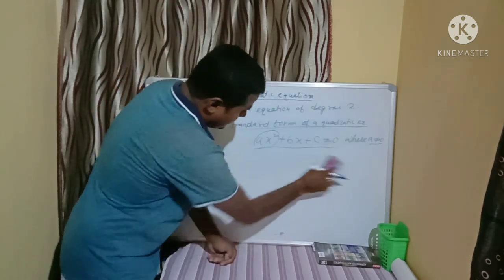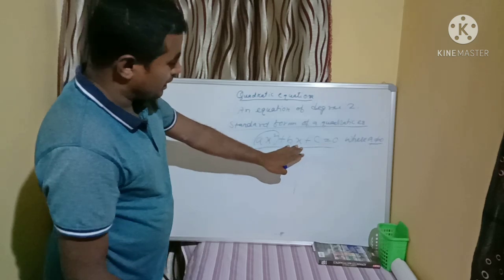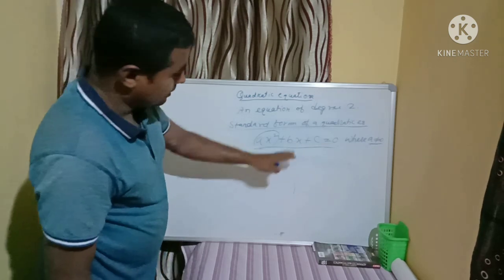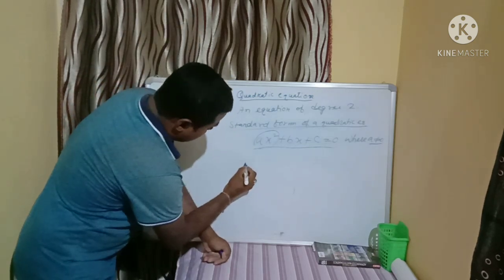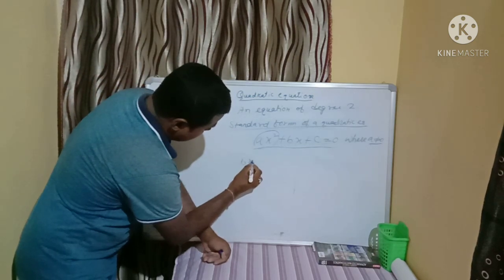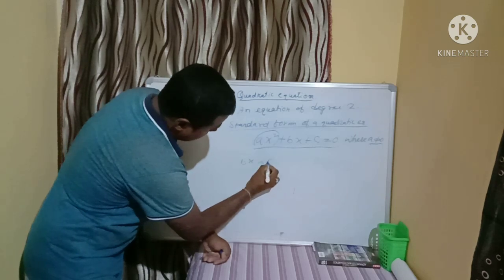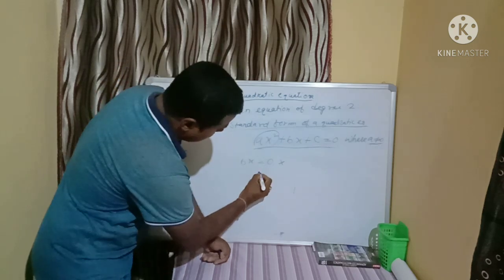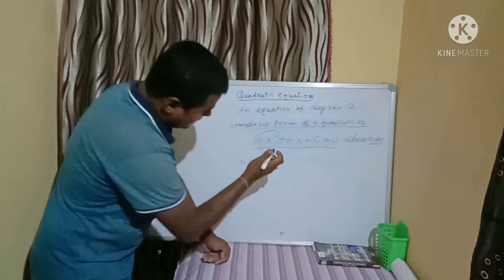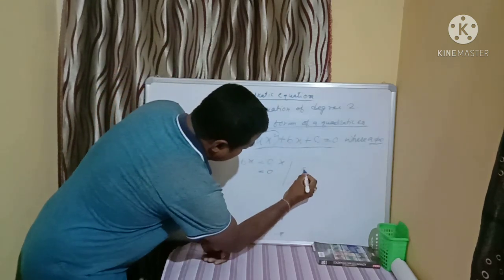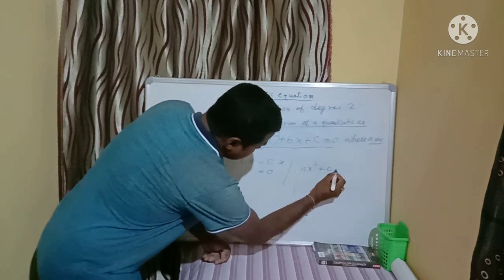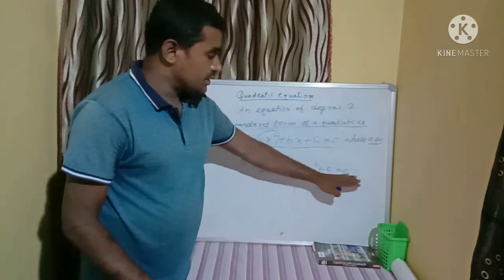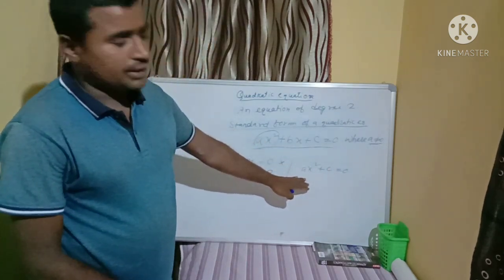Now say whether the other terms can become 0 or not. Suppose in the term bx, b is 0, then it becomes 0 into x, that is 0. Then what happens? Ax square plus c equal to 0 is also a quadratic equation.